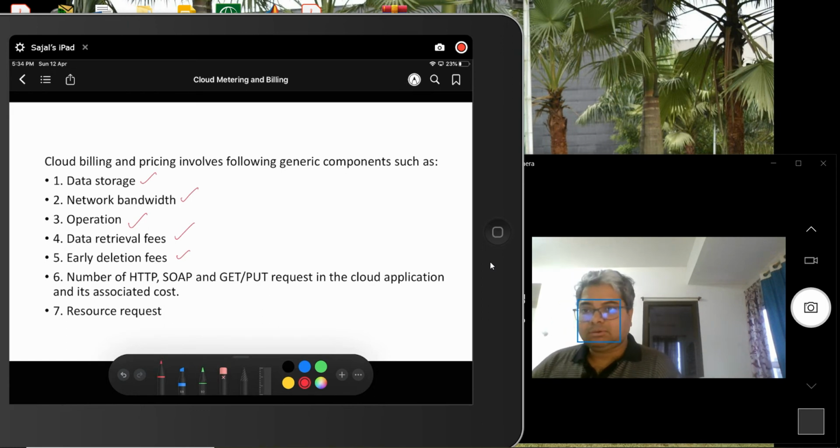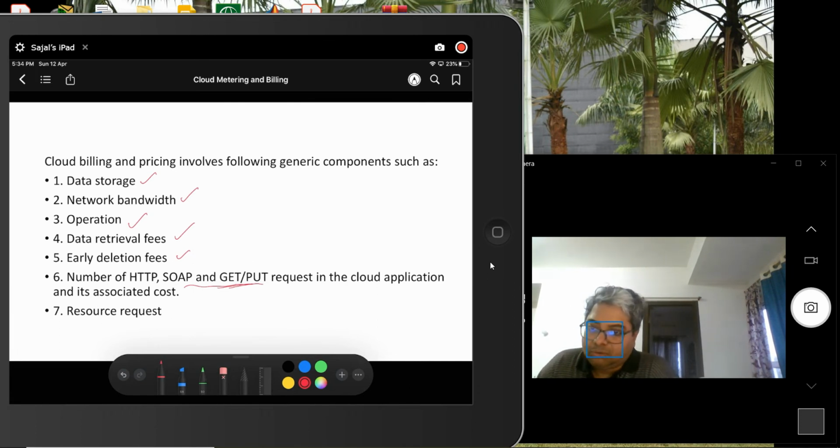And the most important thing is the HTTP SOAP GET or PUT request that you are making to your services. SOAP means Simple Object Access Protocol, and REST is another protocol. These are basically under service-oriented architecture.